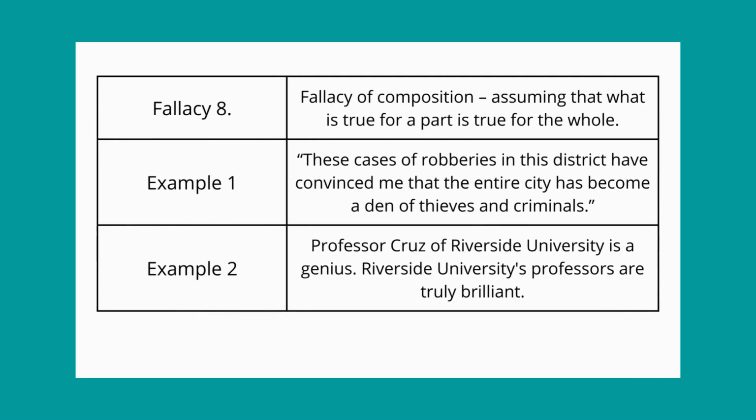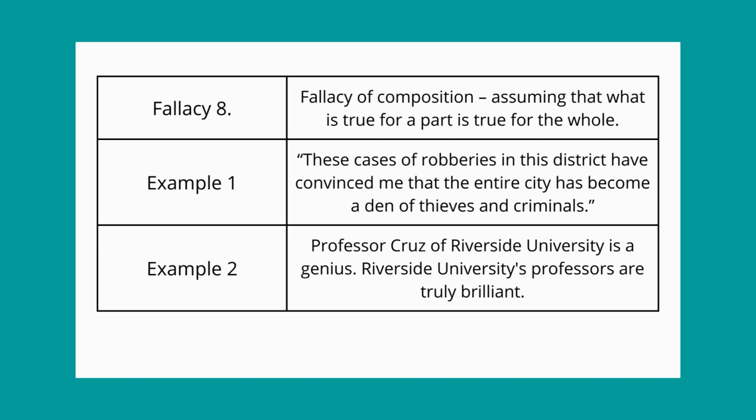Fallacy 8. Fallacy of composition. Assuming that what is true for a part is true for the whole. Example 1. These cases of robberies in this district have convinced me that the entire city has become a den of thieves and criminals. Example 2.